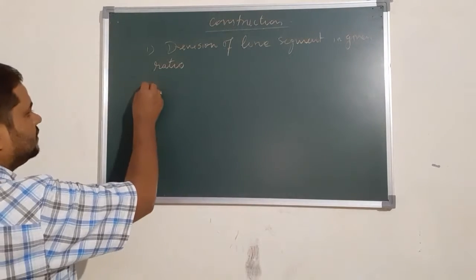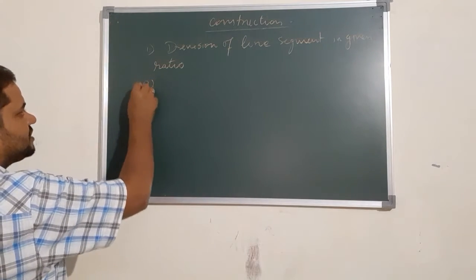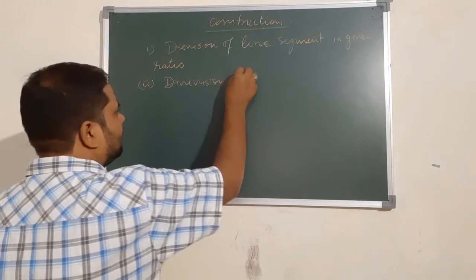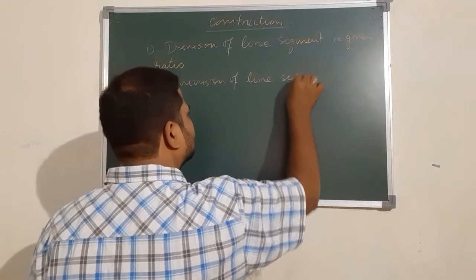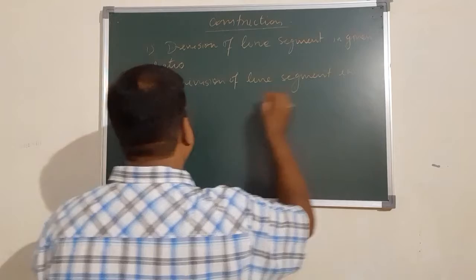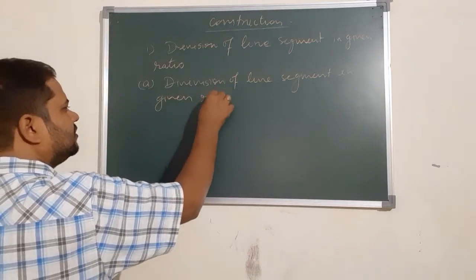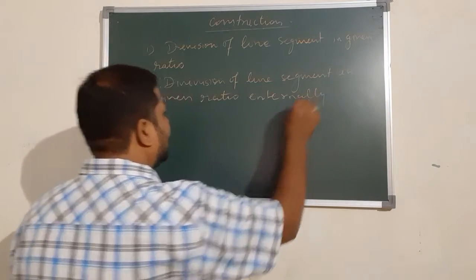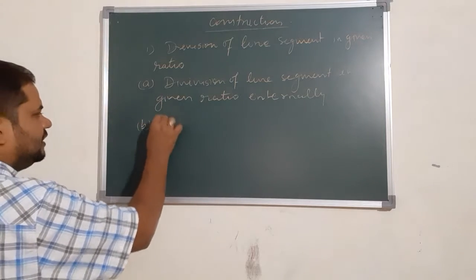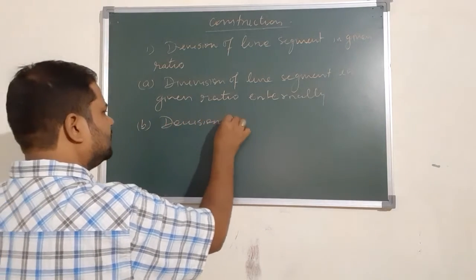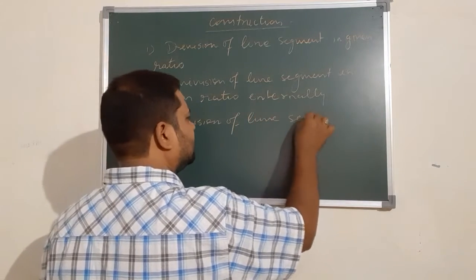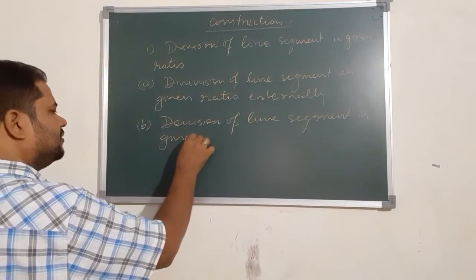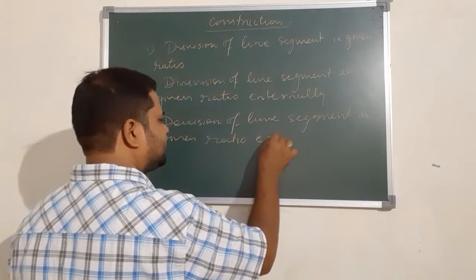The first one, in this there are also two parts. First A, division of a line segment in a given ratio internally, and the second one B is division of a line segment in a given ratio externally.